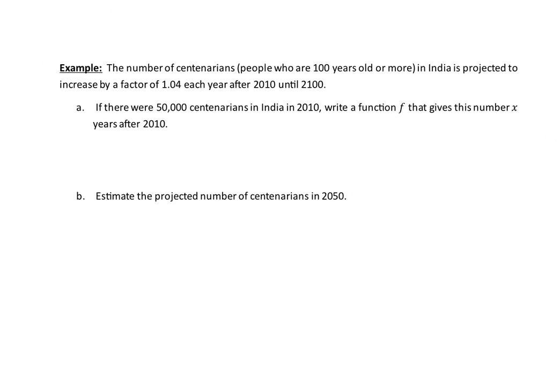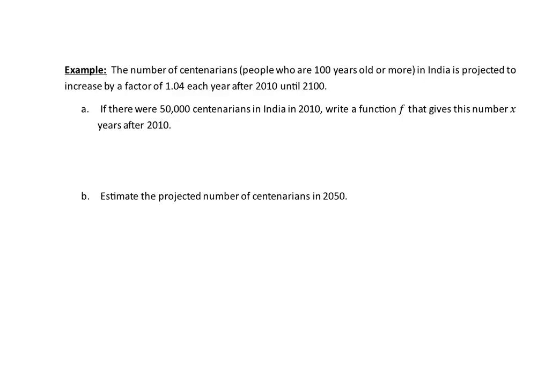When we come to our first example, we have the number of centenarians, people who are 100 years or older in India, is projected to increase by a factor of 1.04 each year after 2010 until 2100. All right, so let's go ahead and start with this sentence. It says that it is projected to increase by a factor of 1.04.